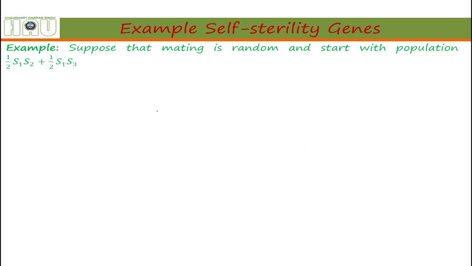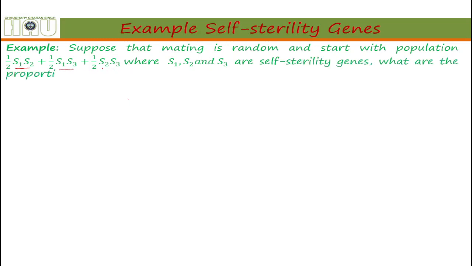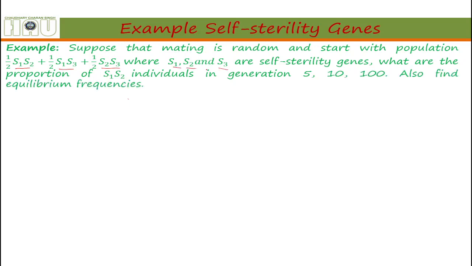Now let us take an example. Suppose that mating is random and we start with a population, say this. This is my population: half S1 S2, S1 S3 and S2 S3, where S1, S2 and S3 are self-sterility genes, meaning S1 cannot fertilize with S1, S2 cannot fertilize with S2 and S3 cannot fertilize with S3.